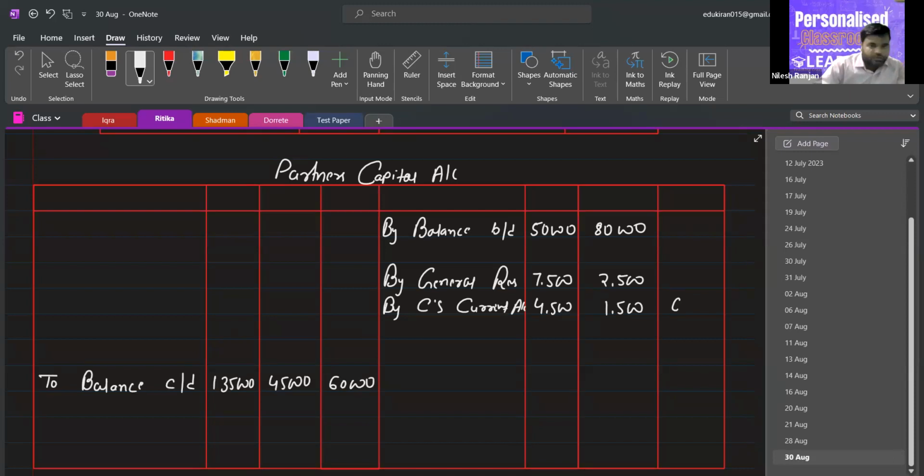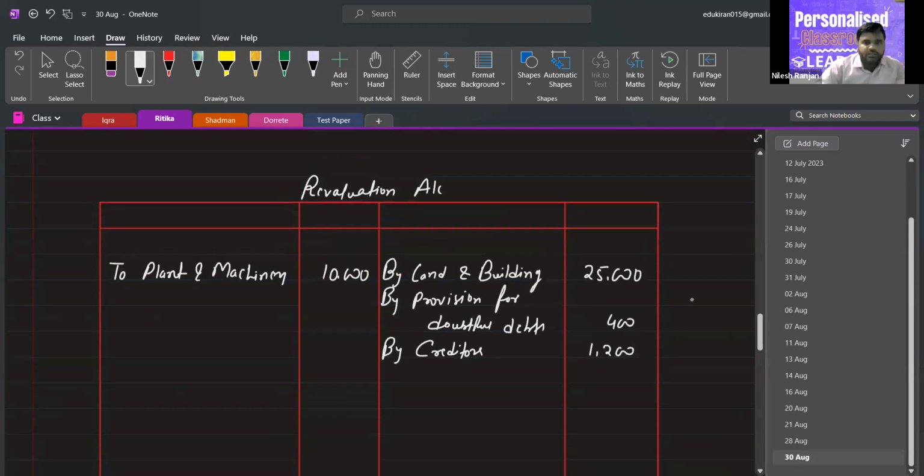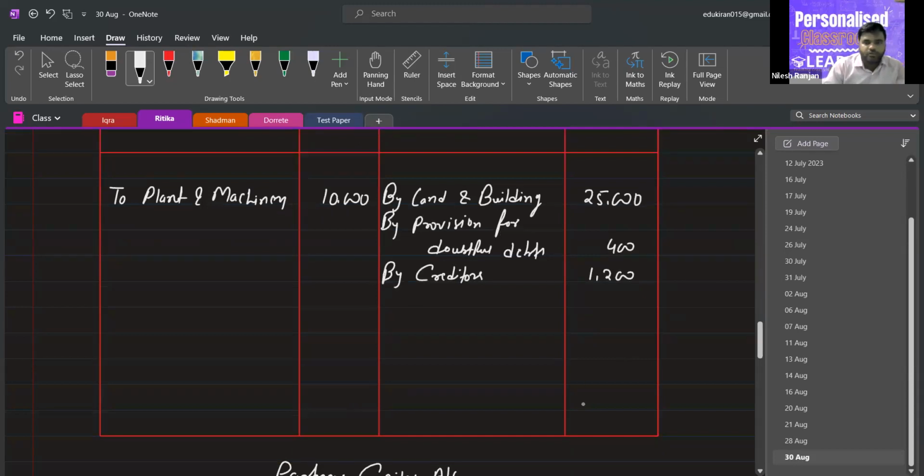The next thing is we have to adjust goodwill. We have done the adjustment of goodwill. We have not completed our revaluation yet. So what is the profit on revaluation? Which side is more? The credit side, it is 26,600.